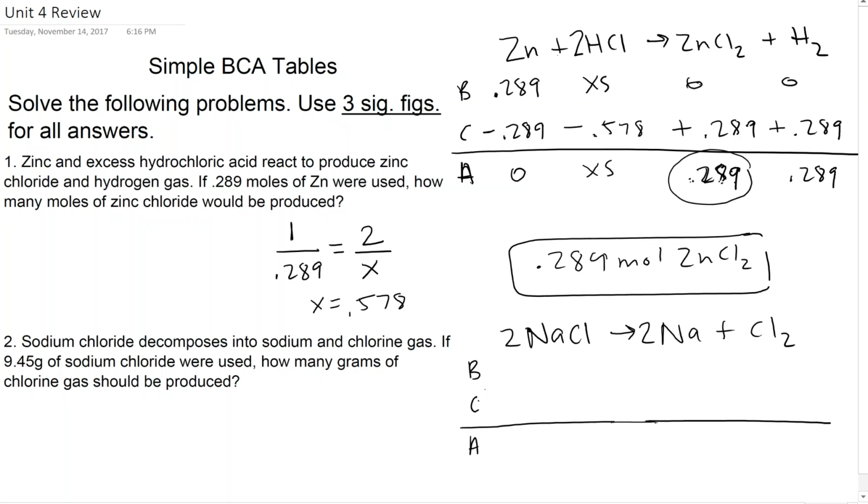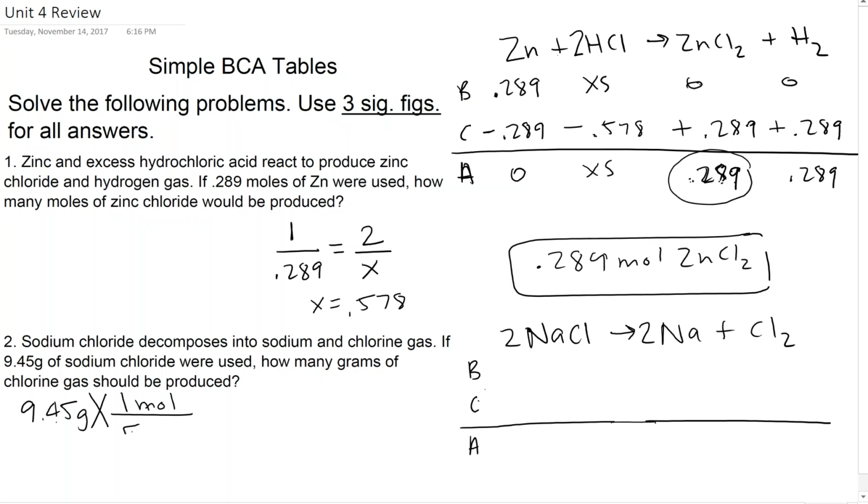We can fill in our before line with the numbers given. It tells us we have 9.45 grams of sodium chloride, but we're not allowed to put grams into the BCA table, so we have to first convert those grams into moles. So 9.45 grams converted into moles using your mole roadmap means you put 1 mole on top and the molar mass of NaCl on the bottom.